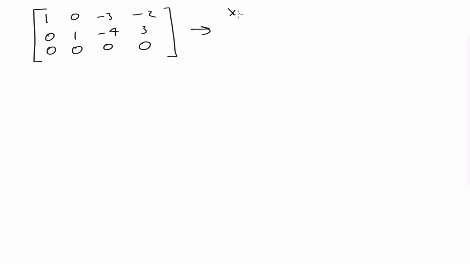So I'm going to put this back into forms with the variables in it. This is going to be an x1, and it's going to be a minus 3x3 and a minus 2x4. And this row here is going to become an x2 minus 4x3 plus 3x4. And this is the linear system now.